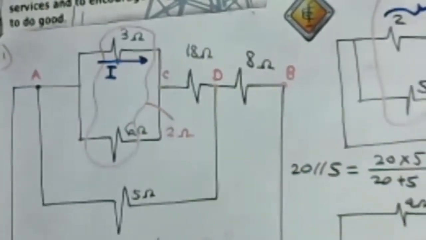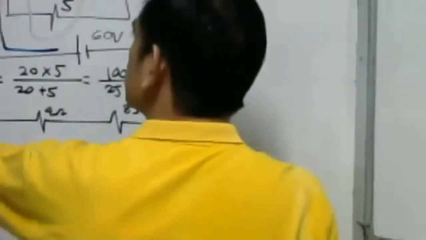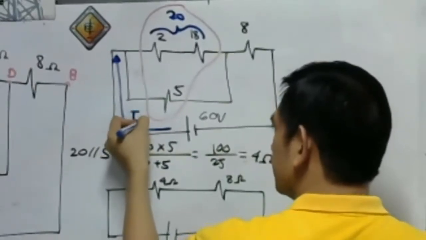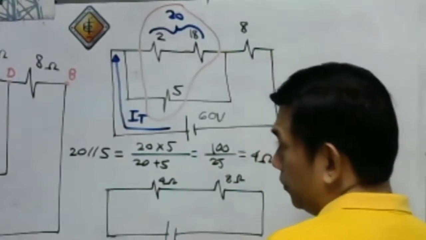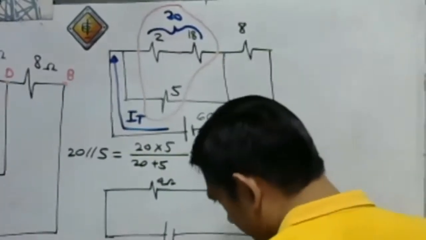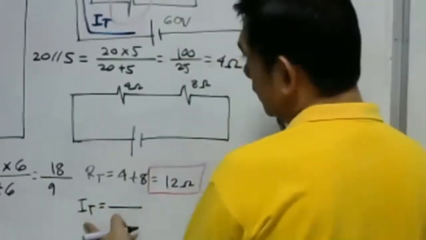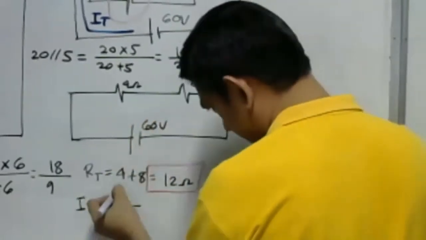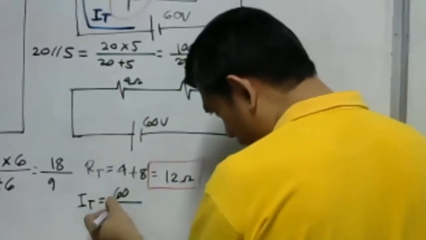Now, we have here the I total. Okay? Always, the I total is the current that will be supplied by the source. That is our I total. So, by Ohm's law, I total is simply equal to the total voltage, which is 60 volts, over the total resistance, which is 12 ohms.